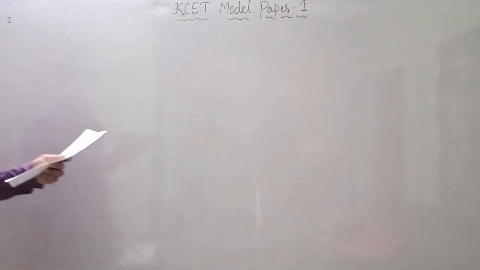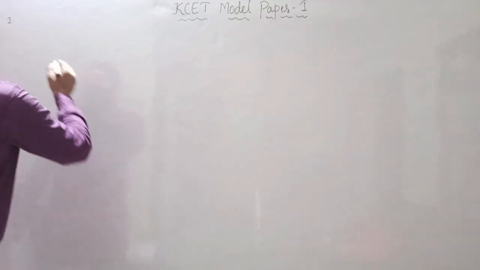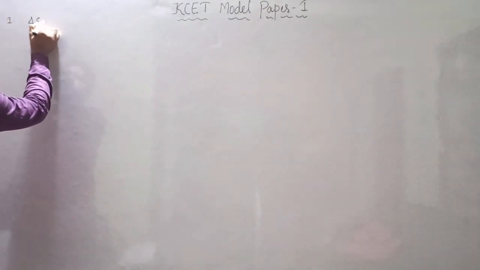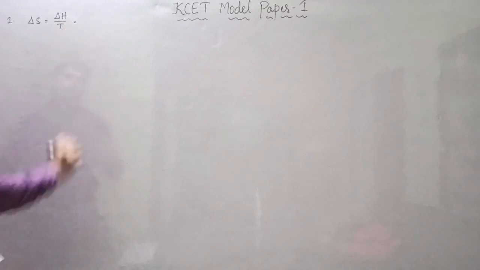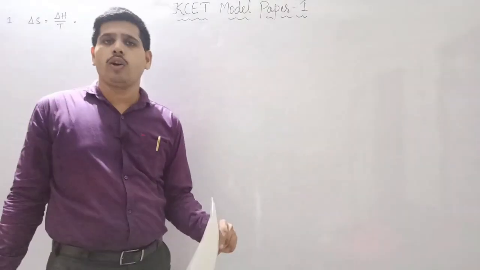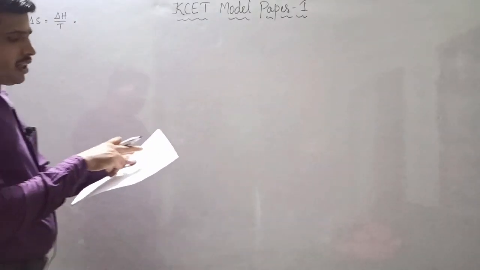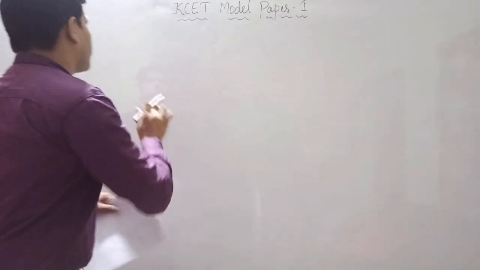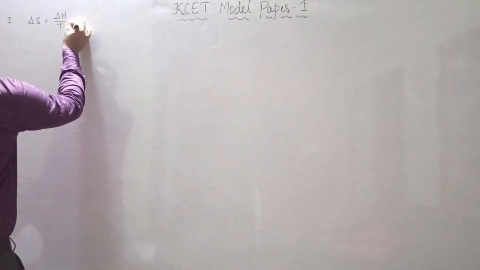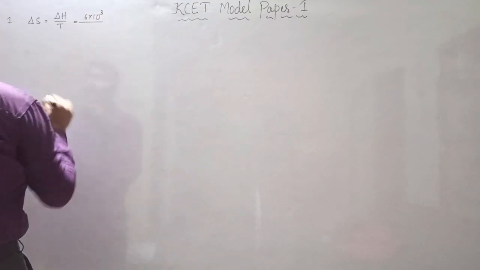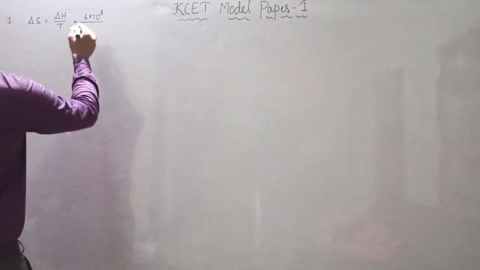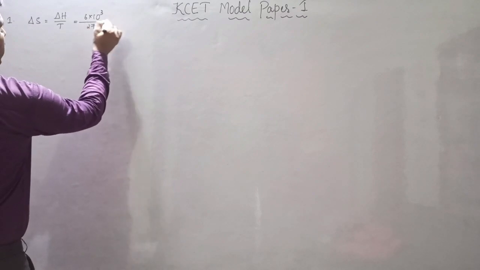How to solve this? You have the entropy formula: change in entropy, delta S, is equal to delta H divided by T. We are given delta H, it is 6 kilojoule. The answer for entropy is in joule per Kelvin, so convert this kilojoule into joule. You have 6 into 10 to the power 3 divided by the temperature given, 0 degree, which is nothing but 273.